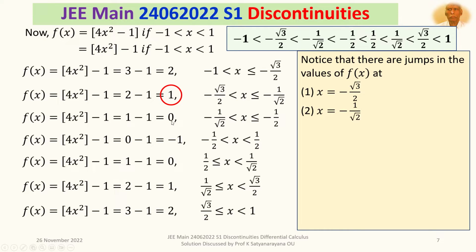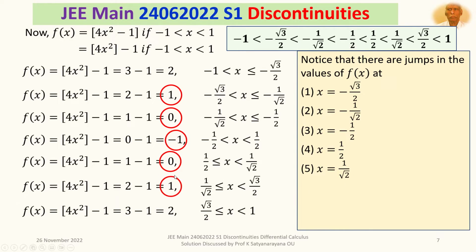there is a jump from 1 to 0. And at x = -1/2 there is a jump from 0 to -1. And the fourth one, x = 1/2, the jump is from -1 to 0. Fifth one, x = 1/√2, there is a jump from 0 to 1.